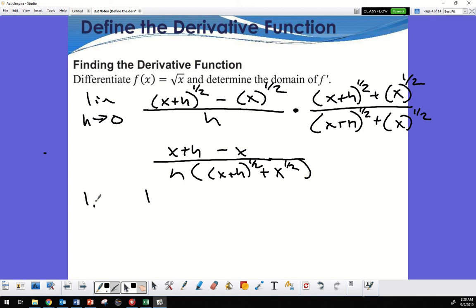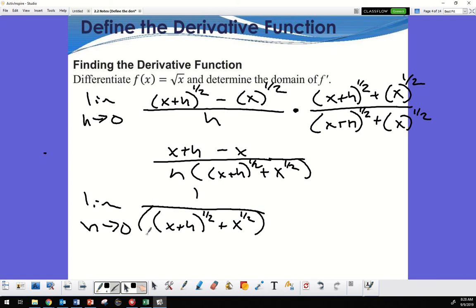So I'm taking the limit as h approaches 0 of 1 over the quantity of x plus h 1/2 plus x 1/2.